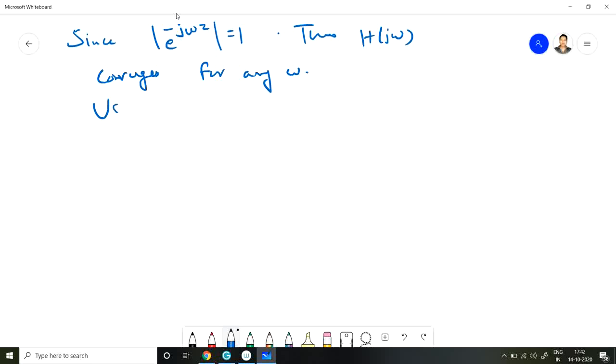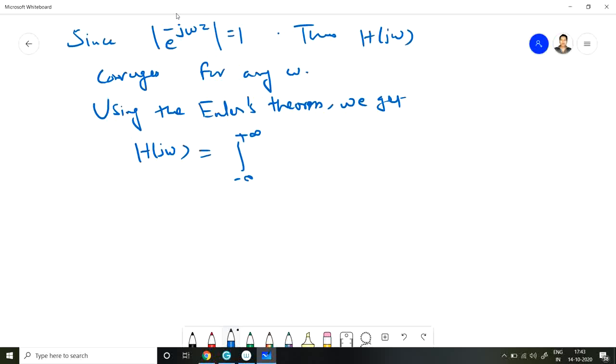So we can use Euler's theorem. Using Euler's theorem, we get H(j omega) equals the integral from minus infinity to plus infinity of h(tau) e^(-j omega tau) d tau. Now what is e^(-j omega tau)?